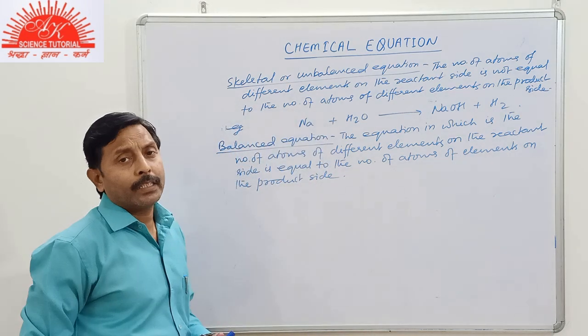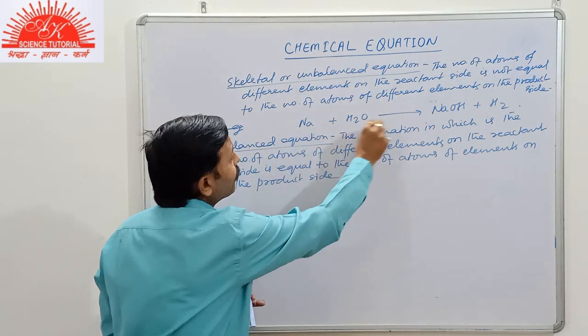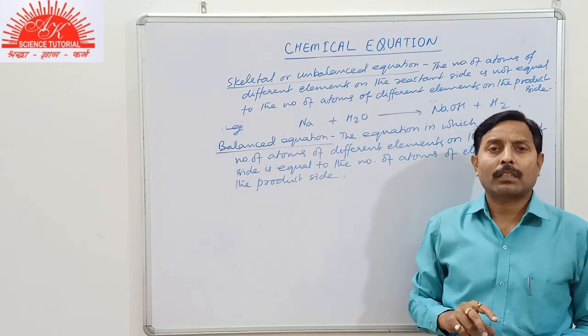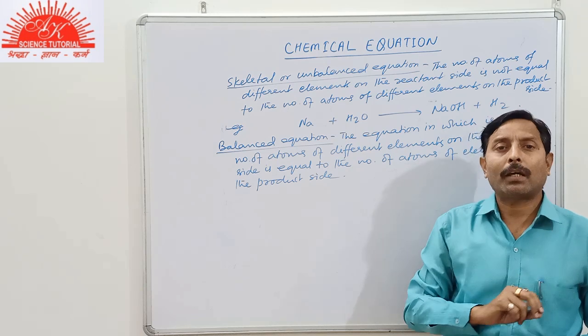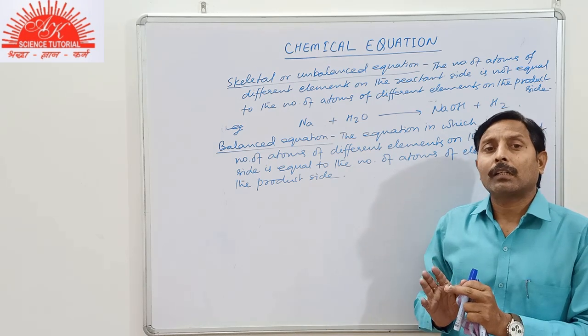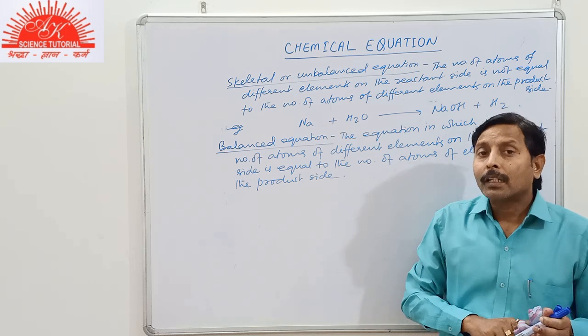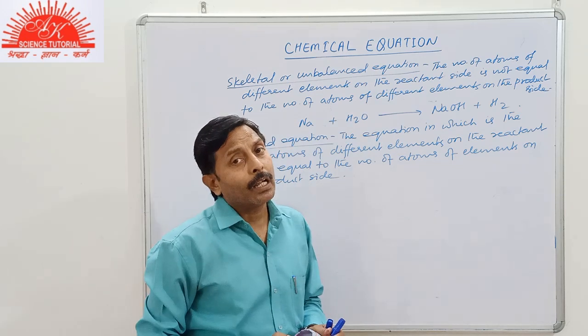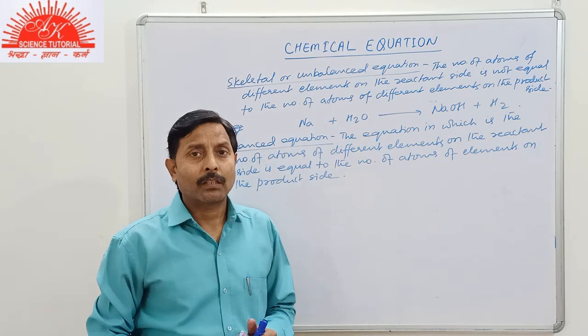Now the question arises that if this chemical equation is given, then why should we balance it? Why is the equation balanced? There is a simple answer: to obey the principle of conservation of matter, which we have studied in previous classes.